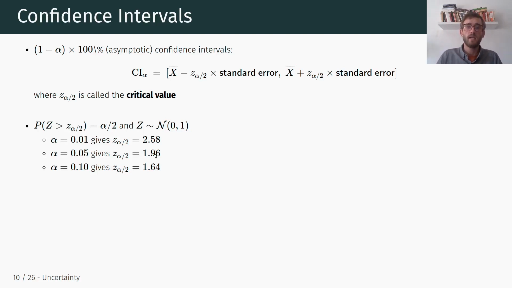We talked about how 95% of the probability mass of a standard normal distribution is within minus 1.96 and plus 1.96. So in a standard normal distribution with a standard deviation of 1, 95% of the probability mass is between minus 1.96 and plus 1.96, right? And that's exactly the same logic that we're using here to compute the confidence interval for a given estimator.